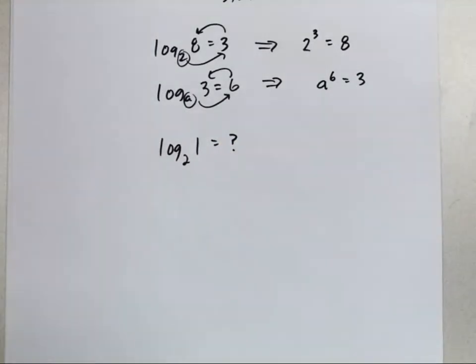They're basically saying, what is log base 2 of 1? Since they're asking for exact values, they don't want you to grab your calculator. They don't want some kind of decimal number. They want you to just figure this out without using your calculator.